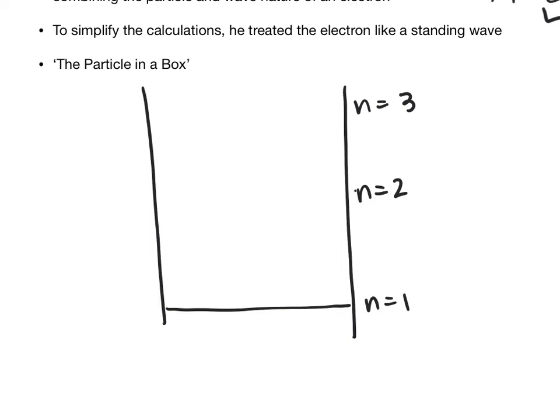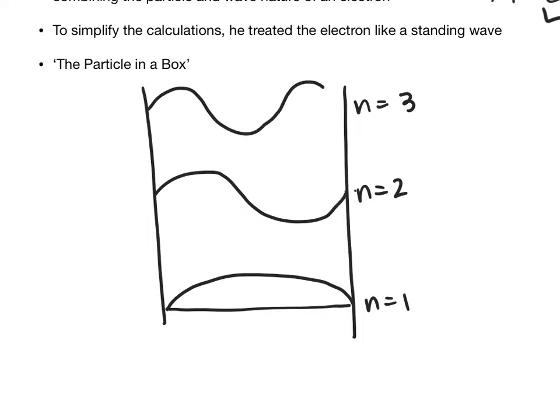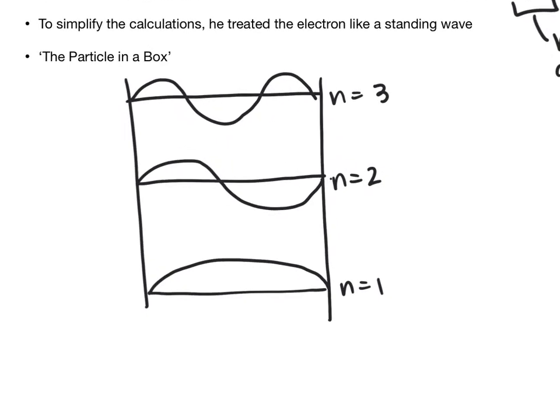As a particle in a box, he encounters nodes in some of these. A node is a place where the energy is 0. So there is one node here, 2 nodes, and 0 nodes.